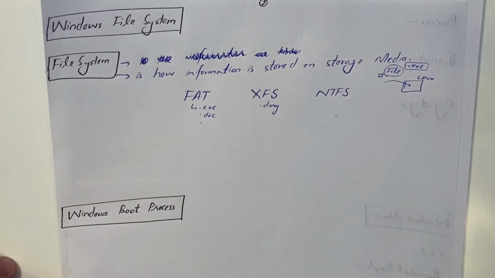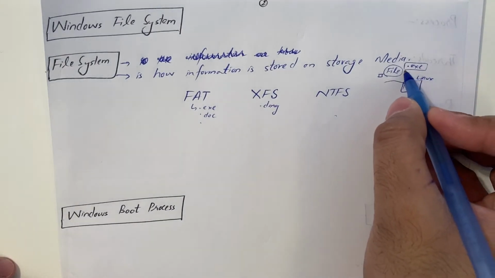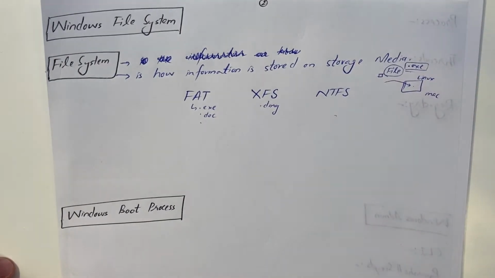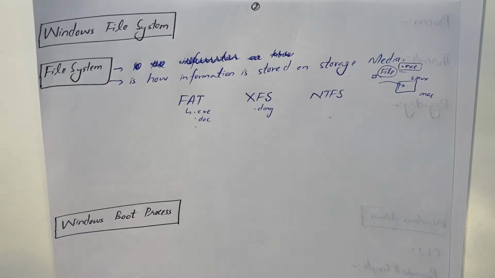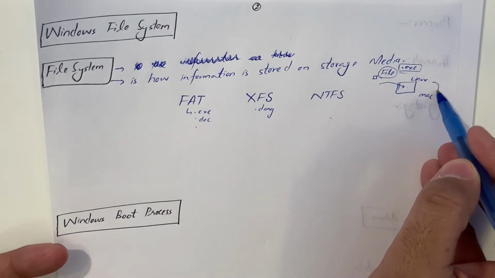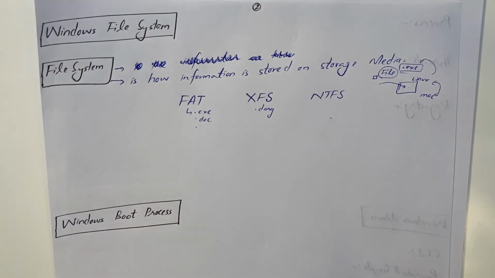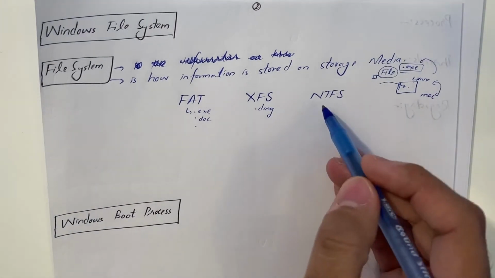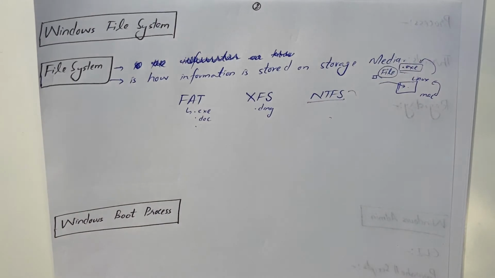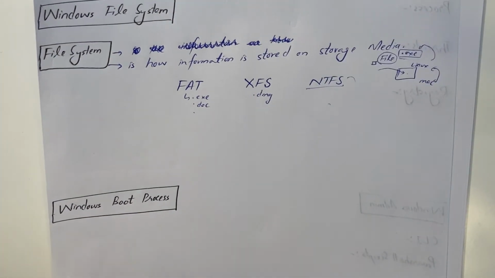Can you do that? No. And for example, you want to run an .exe file on your Mac. Can you do that? Of course not, because the filing system that comes with Linux and Mac doesn't recognize .exe files. An .exe file is recognizable with NTFS, which comes with Microsoft Windows. Getting my point? So the file system is how information is stored, and if you want to store anything on storage media, it should be in a file.